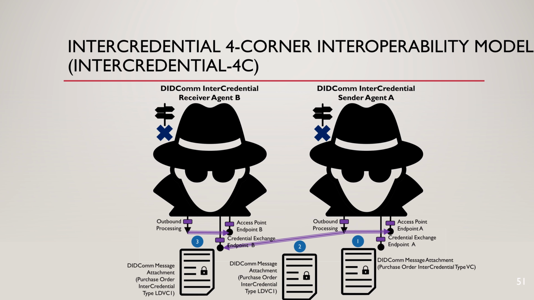Then step number 3, on receipt of that LD-VC1, for completeness, the receiver is going to send it to its access endpoint for potentially further transformation. But in this case, we already know that LD-VC1 is the common denominator credential format. So in fact, number 3, although it will physically take place or could be optimized out, is in effect a no-op.